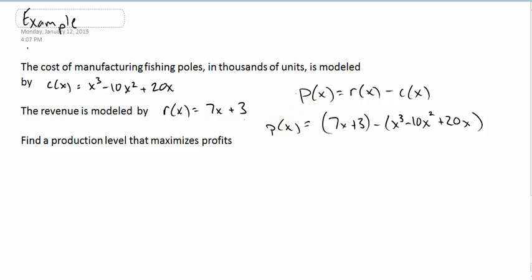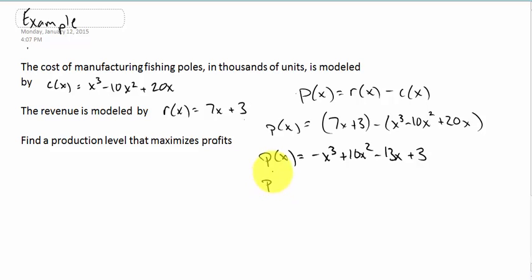Okay, so what we're looking for is the maximum profit. In other words, what we're trying to find is where the marginal profit is equal to 0. So let's rewrite our profit polynomial in standard form. We have negative x cubed plus 10x squared minus 13x plus 3.